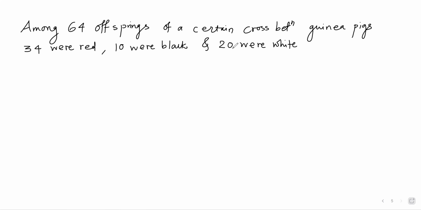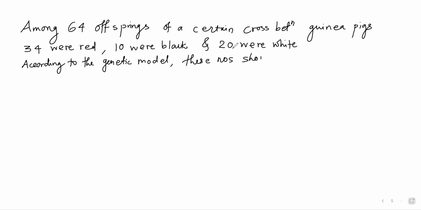According to the genetic model, these numbers should be in the ratio 9:3:4.